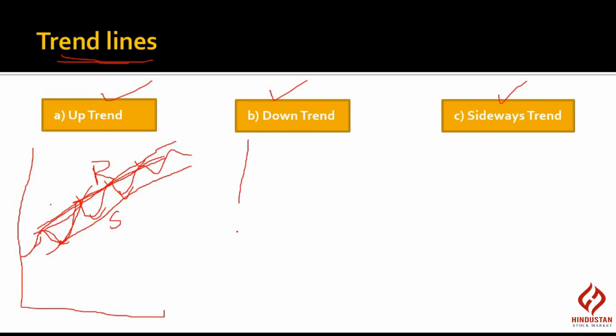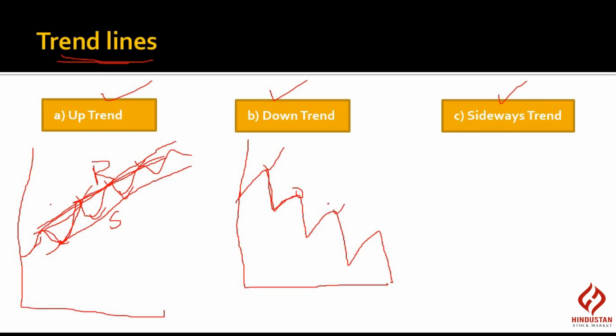Whereas downtrend, it is exactly opposite to uptrend. If a stock is making lower highs and lower lows, then it is known as a downtrend. See, your stock, a market opened somewhere around here and it made a high, and it has come back and made a new high. This new high was lower than the previous high, right? And again made a new high.